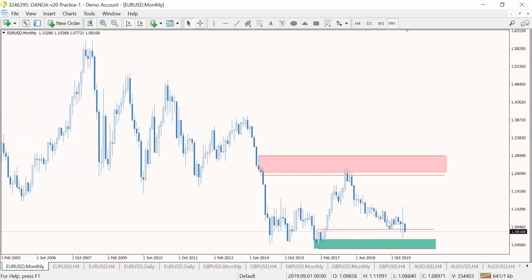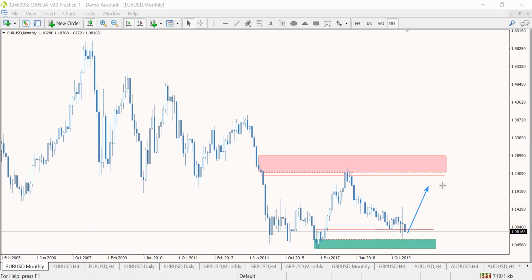That means according to this principle of trading, supply and demand, we're expecting this market from this area to go up, maybe to this point, to this zone. That's what we were expecting to get.